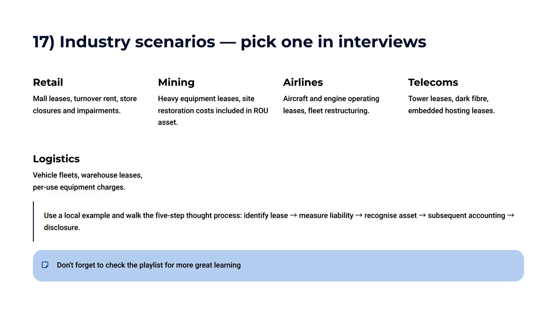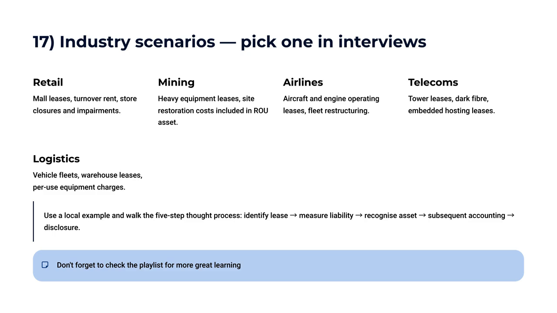Industry scenarios. Pick one in interviews. Retail: mall leases, turnover rent, store closures and impairments. Mining: heavy equipment leases, with site restoration costs included in the ROU asset. Airlines: aircraft and engine operating leases, fleet restructuring.